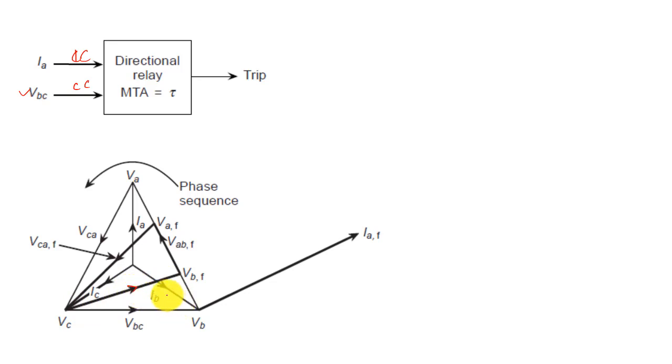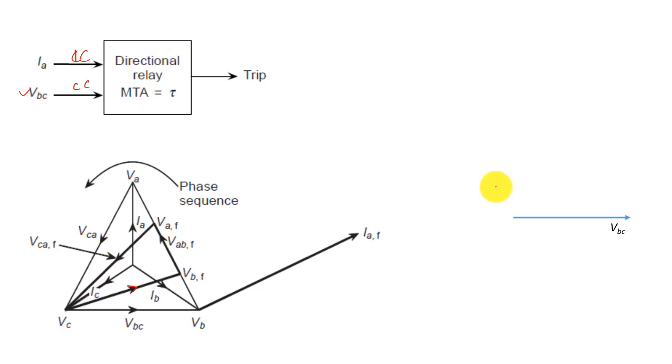Now let us plot the phasor diagram for the relay operating conditions. VCA is this. So VCAF. Let us plot the phasors.